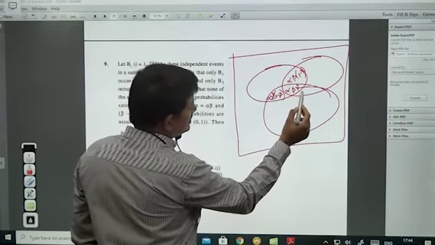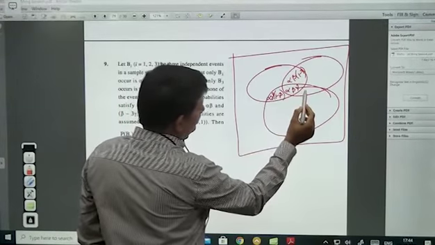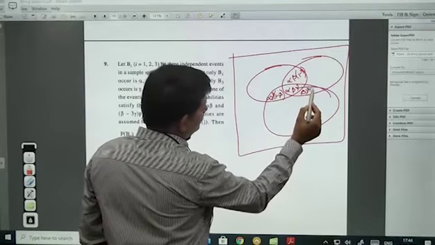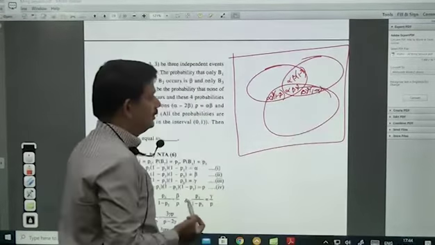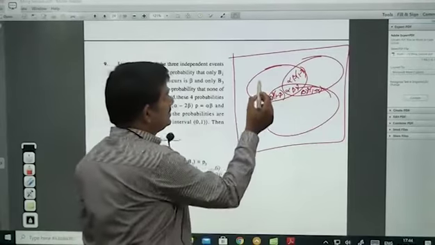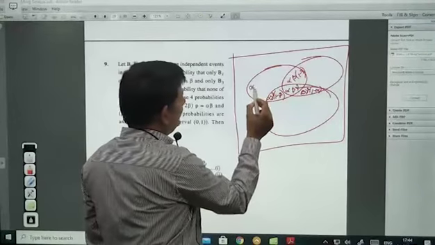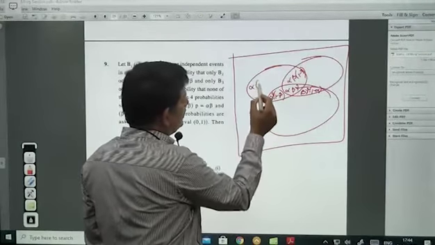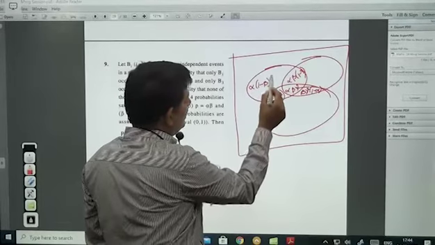This is beta, gamma, but not alpha. This is alpha but not beta and also not gamma.